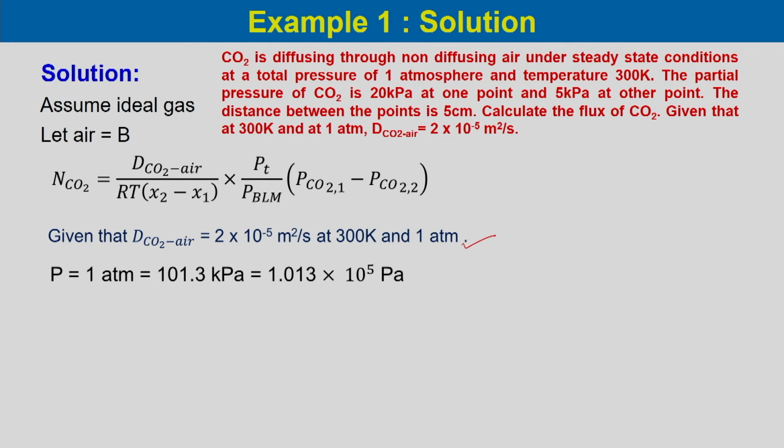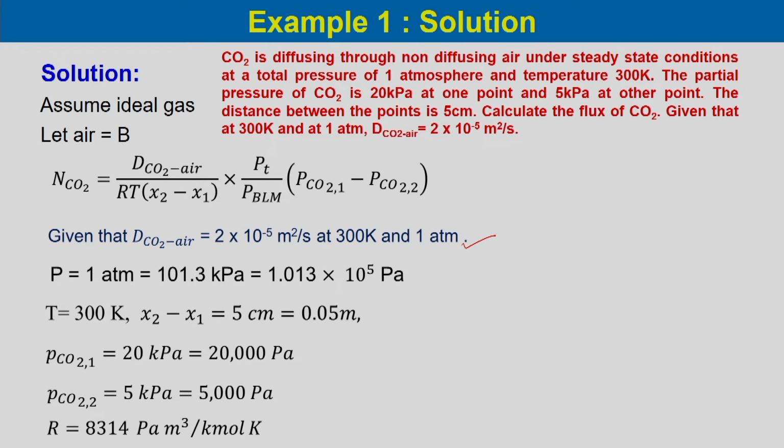Now, P is the total pressure, which is 1 atmosphere, and if we convert it into kilopascal it would be 101.3 kilopascal, which is equal to 1.013 into 10 to the power 5 pascal. The temperature is 300 Kelvin, which is given. x2 minus x1, the distance of diffusion, is 5 centimeter; converted to meter it is 0.05 meter.